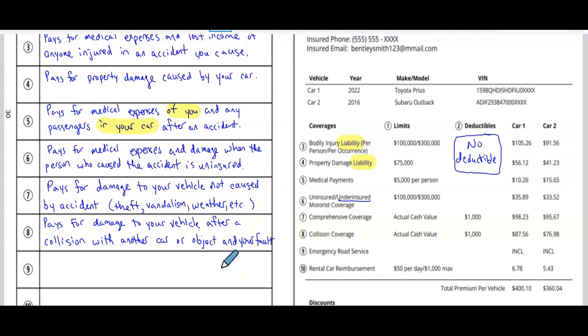Okay, so this would be, for example, you get in an accident with another driver, and your car gets busted up, but it's your fault. So you rear-ended them or something, and it's determined that it's your fault.